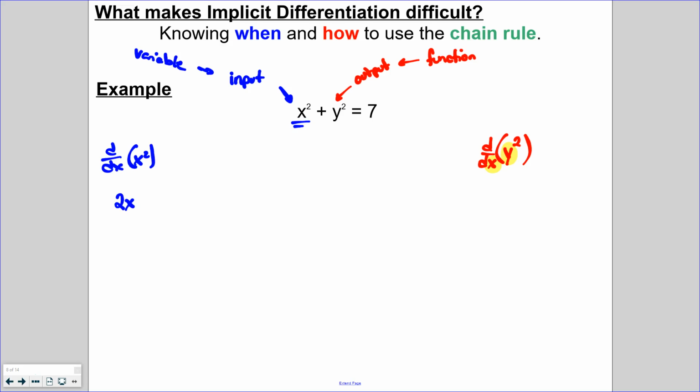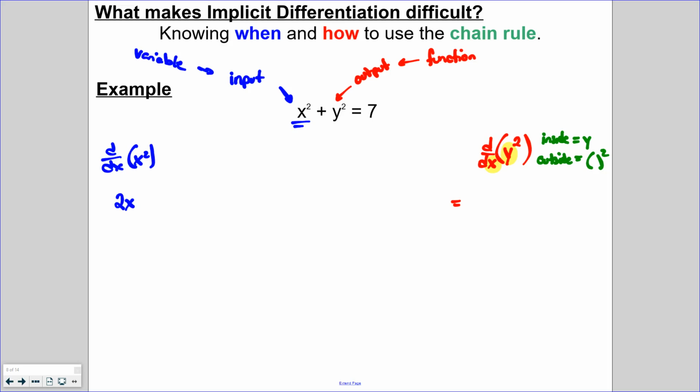And remember, y represents a function. So if we think about this, we can see that the inside of our function here is going to be y, whereas the outside of our composite function is going to be the inside squared. So we can use the chain rule and the power rule here.